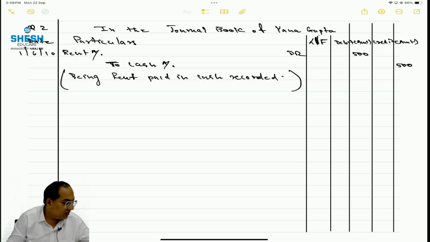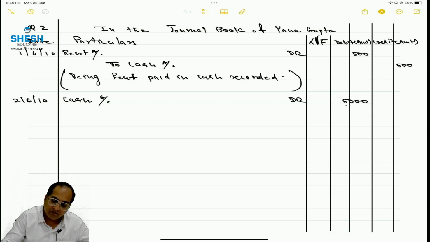Next, on 2nd June received commission in cash. Cash account debit. How much? 5,000. To commission account. How much? 5,000.